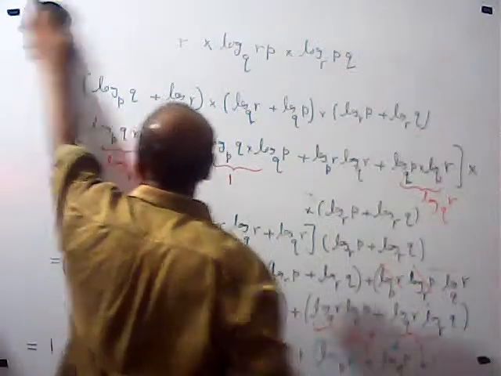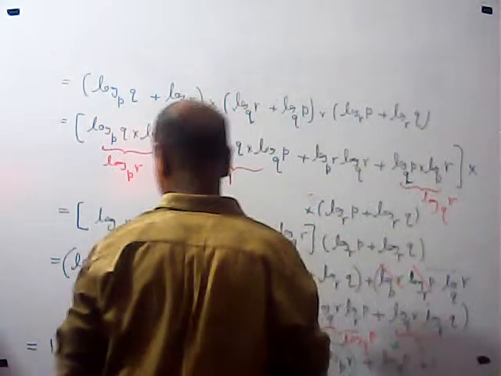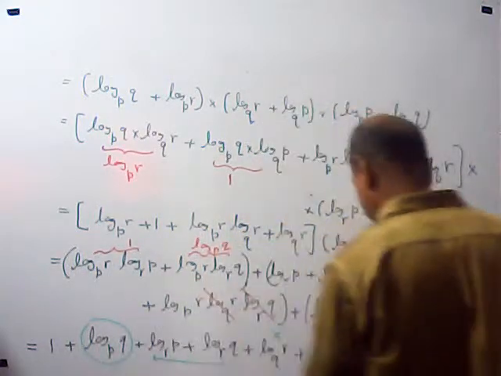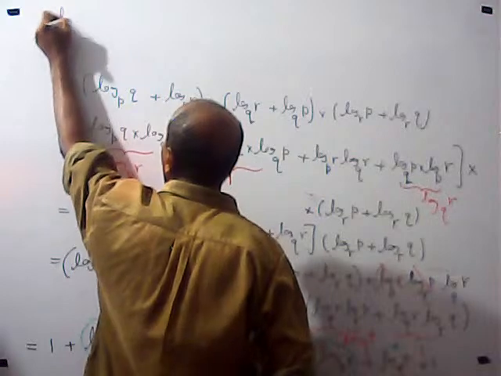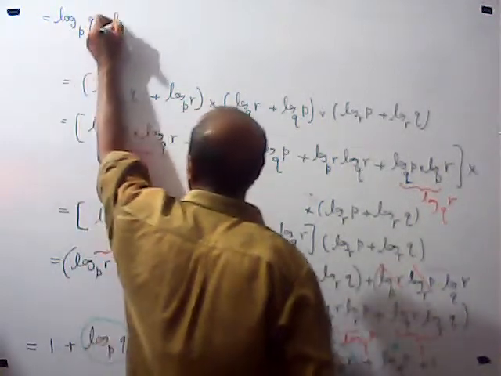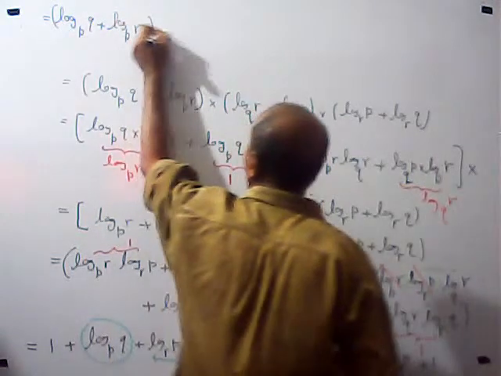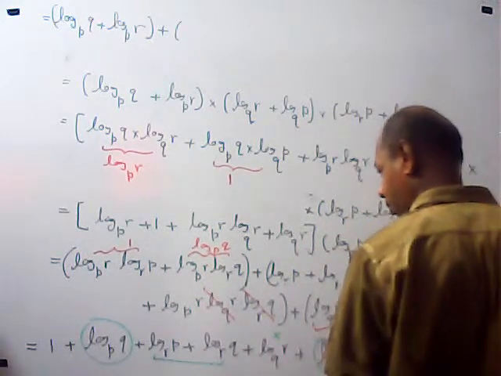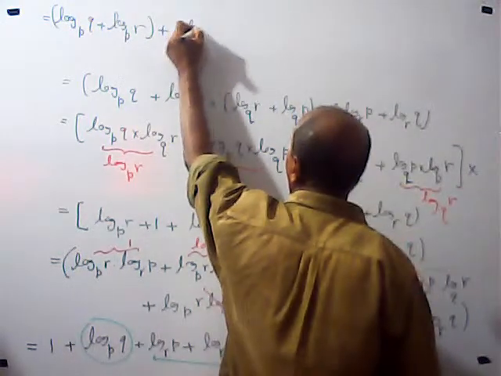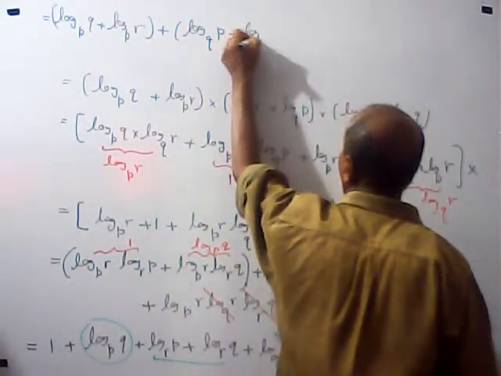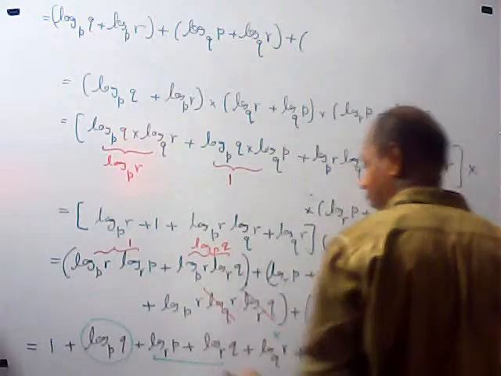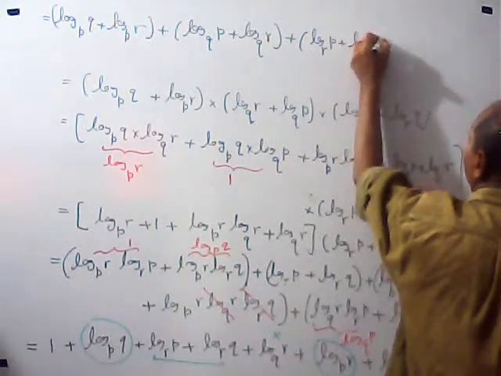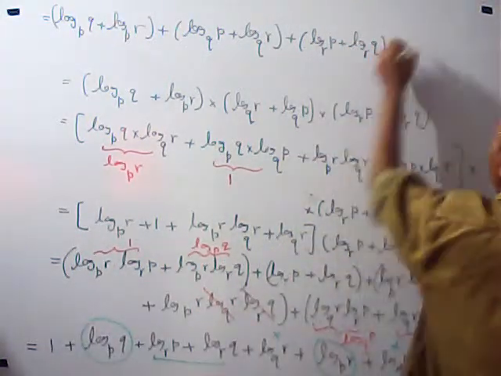So I'll erase this line. Finally, we get log PQ, close to that I'll take log PR, plus log QP and log QR, plus log RP and log RQ, plus we have 1 and 1, it's 2.